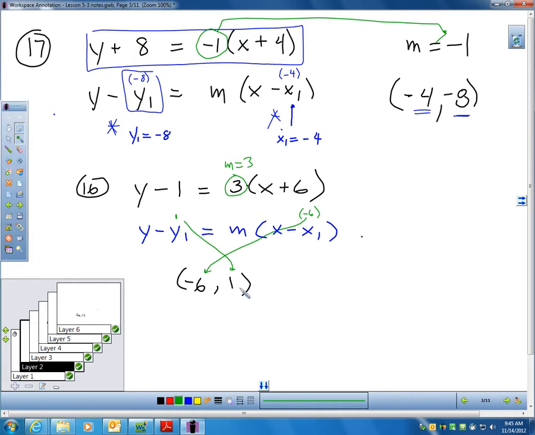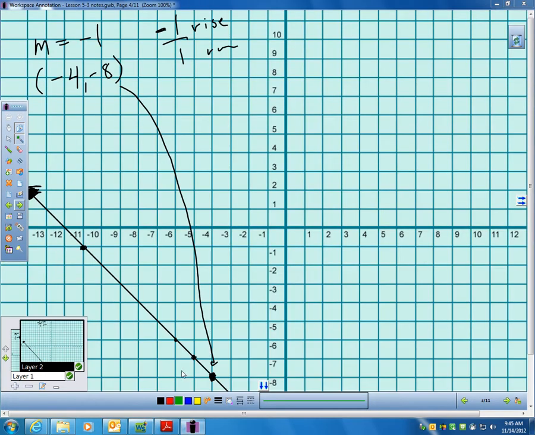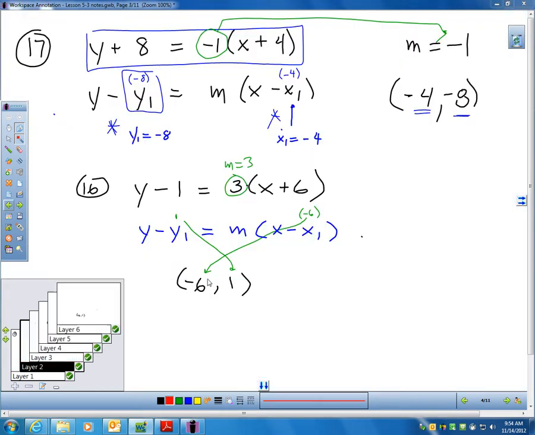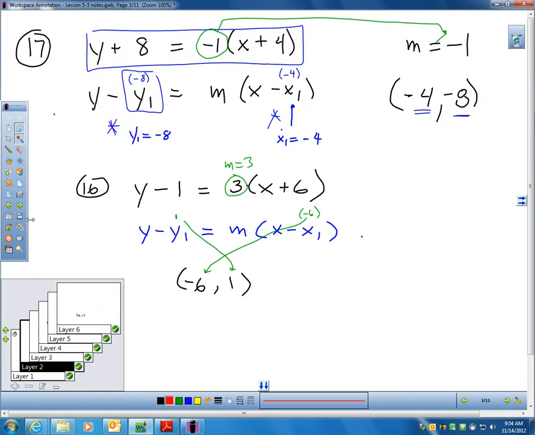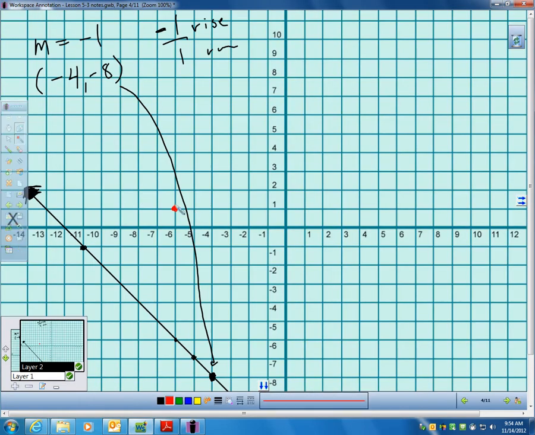So my point is negative 6, 1, so I can go to that point. I'll just do this in red, even though it's correct, just so we can see something different. My point is negative 6, positive 1, so I go to negative 6, positive 1, and I put a point. There's a point. Now let me get the slope. Remember, point, slope form. My slope was 3. That means rise 3, run 1.